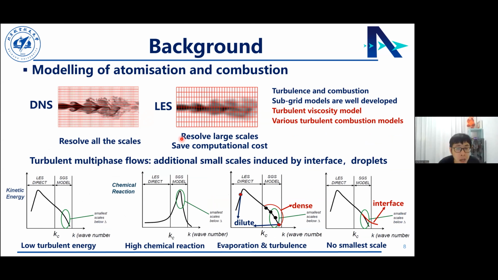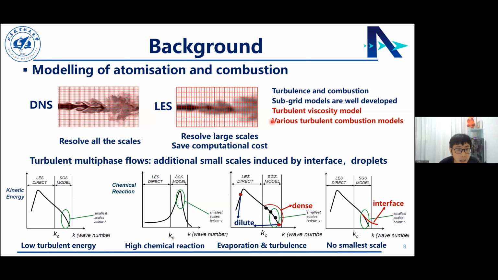But for turbulent multi-phase flows, additional small scales induced by the interface and the droplets come in. They bring lots of scales even smaller than the smallest turbulence scales at the interface, like the evaporation and mixing there, and even the collision and coalescence there.